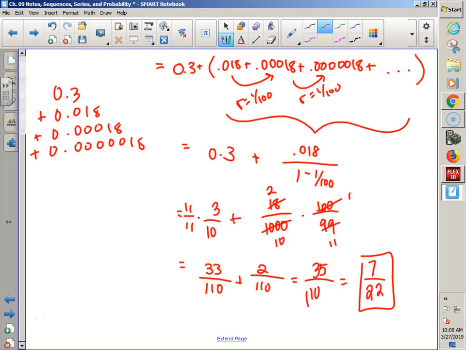You see it? And I had to separate that 0.3 because he wasn't a part of the pattern. So my geoseries was the repeating decimal part, not the other part, which is why he just stuck around until the end. Does that make sense?